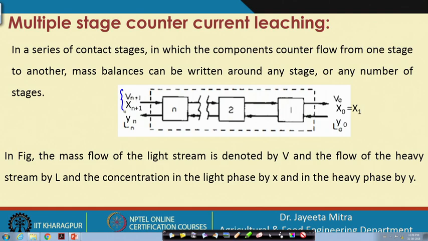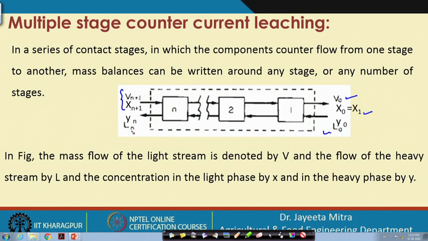Okay. So, here the solvent is entering, V n plus 1 in the nth stage with x n plus 1 as the concentration, and then it is moving on to stage 1 and there V 0 is coming out with x 0 equal to x 1 concentration. Similarly, L 0 y A 0, that is the solid or the slurry phase, is entering, that is L 0 and y 0, and that is eventually coming to the end stage, that is L n y n.